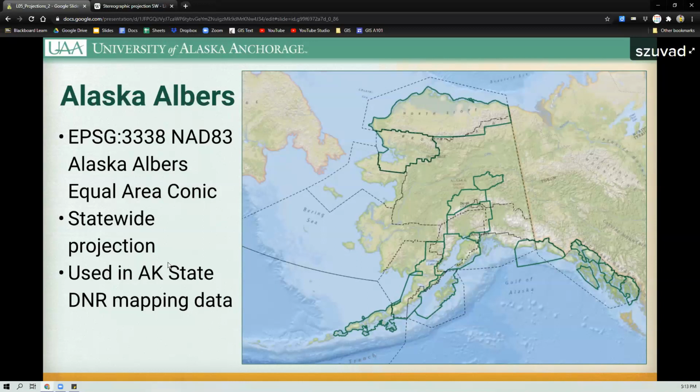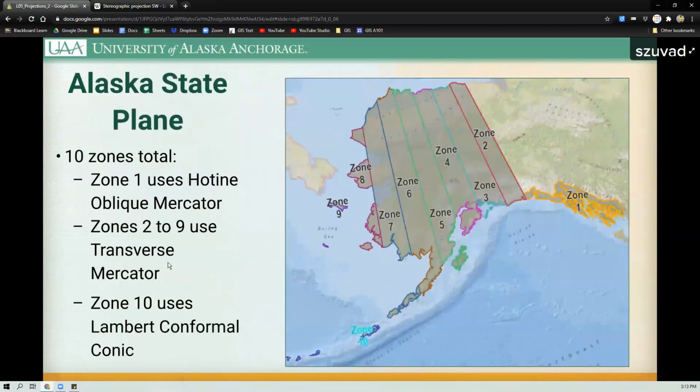So it's one to become familiar with, learn that number, and start recognizing it in your data. It's also, I think, a pleasing orientation, but that's probably because I stare at that a lot more than I stare at that. So this one looks like Alaska's trying to fall off the map.